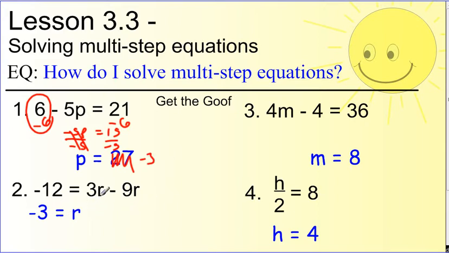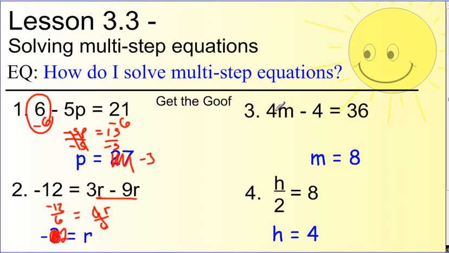Number 2. 3r minus 9r, those two can combine together and give us 6r. And then we're going to divide by 6 on both sides. These cancel. Negative 12 divided by 6 is a negative 2. Number 3.